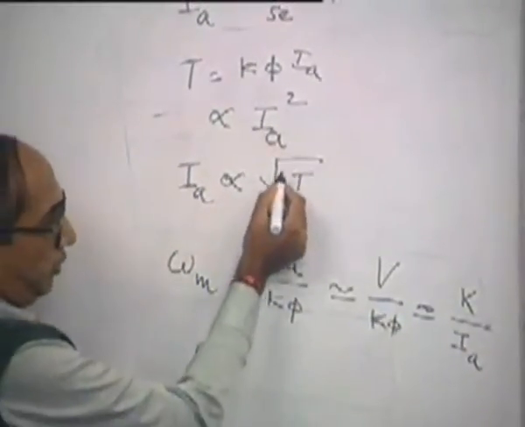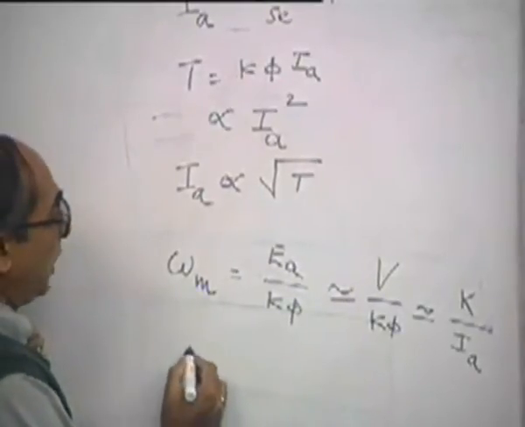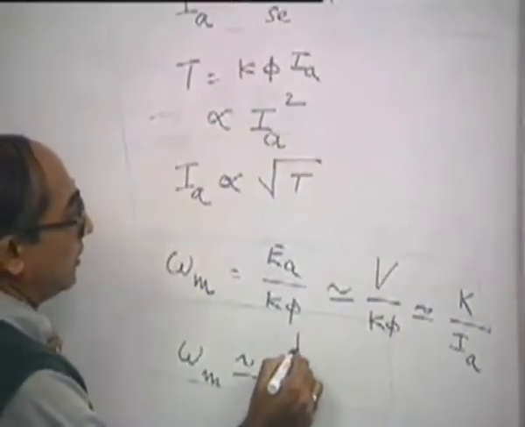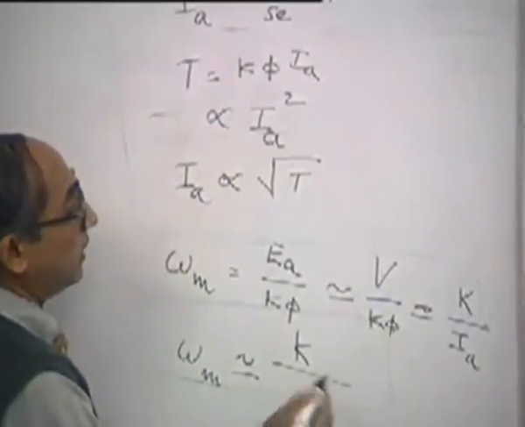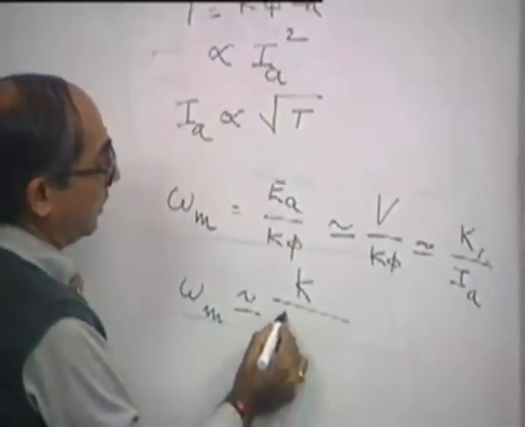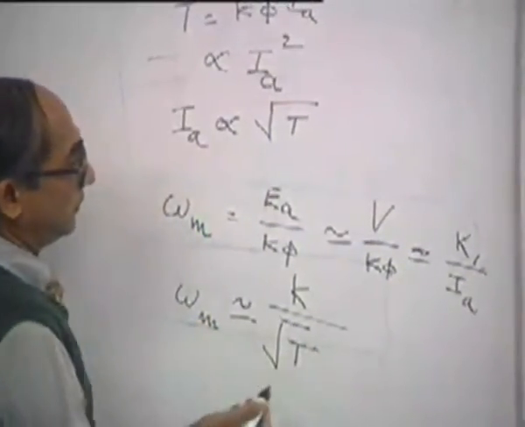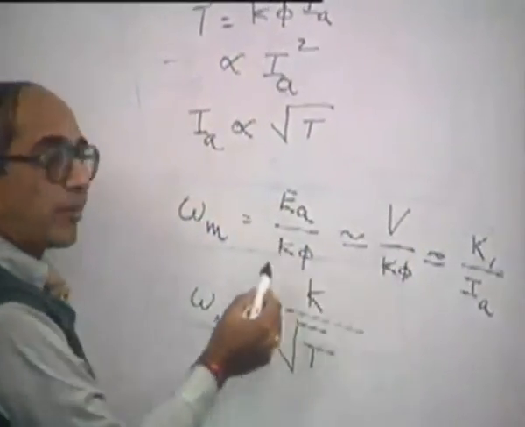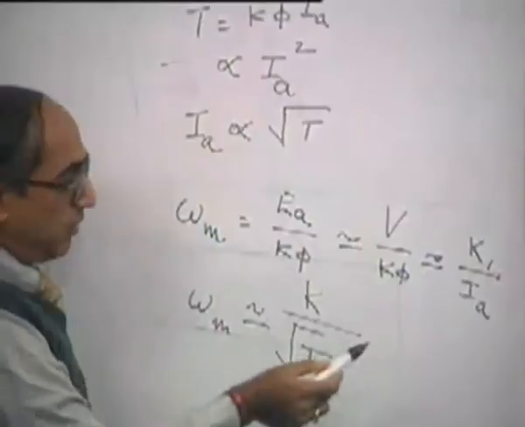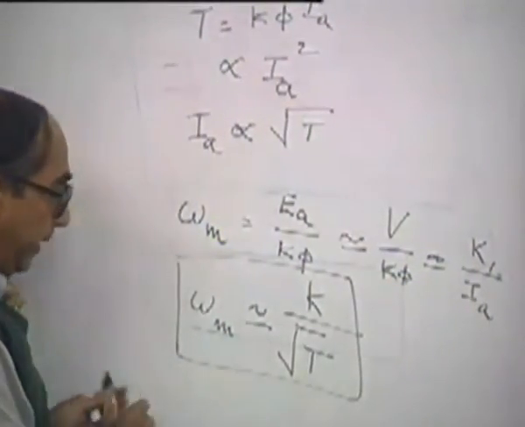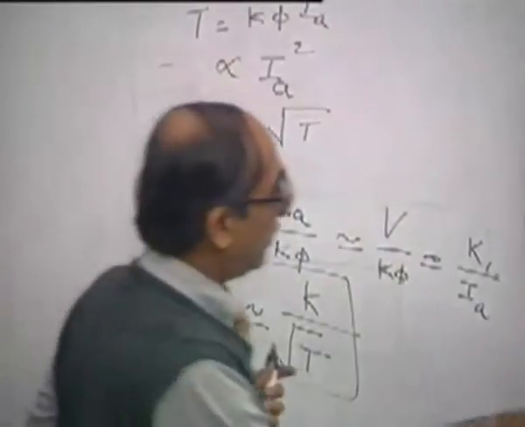IA is proportional to square root of T. So omega m is approximately equal to some other constant K1 divided by square root of T. Of course, we are assuming that the armature resistance drop is negligible. So this is the relation we get: speed is inversely proportional to square root of torque.